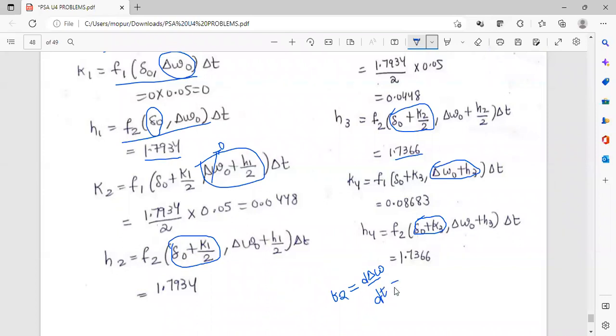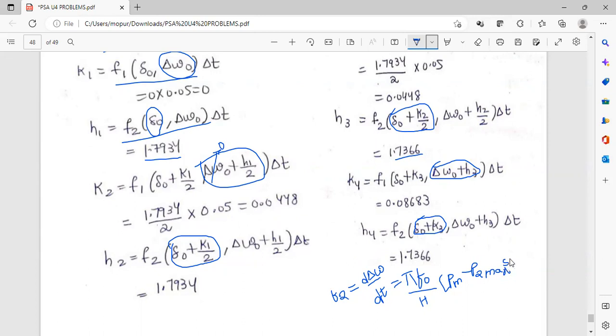This is equal to pi into f naught divided by h into Pm minus Pe2 max into sin del.